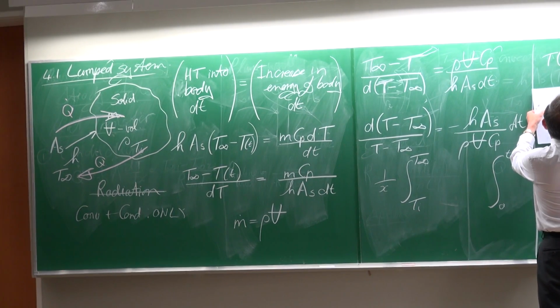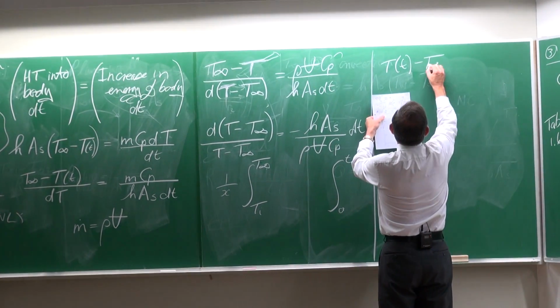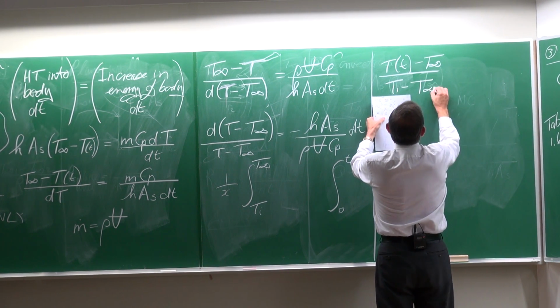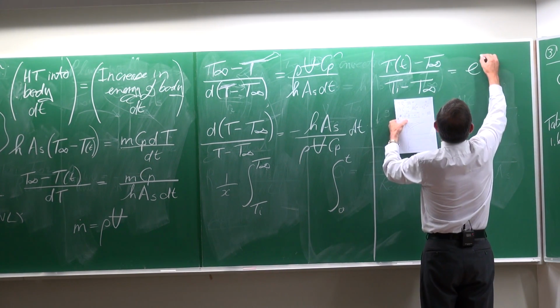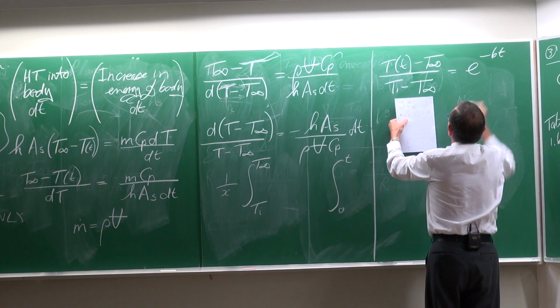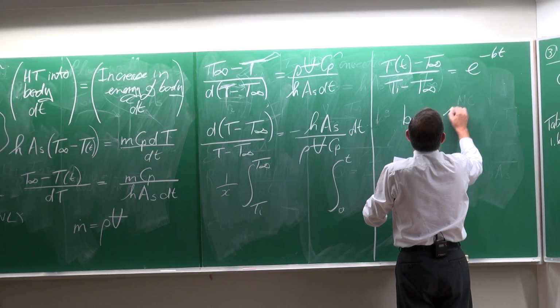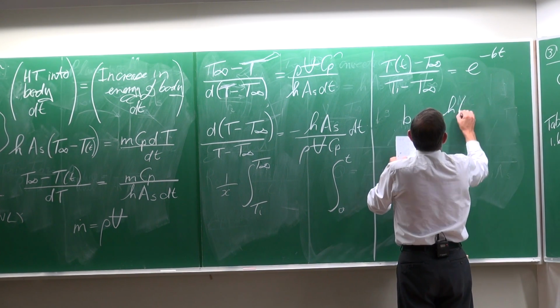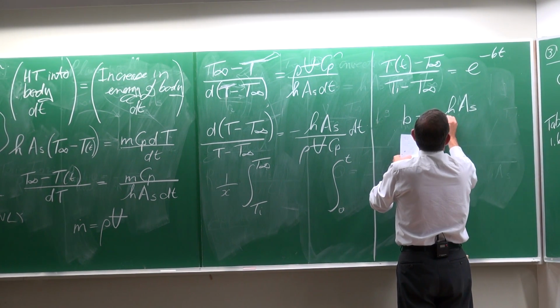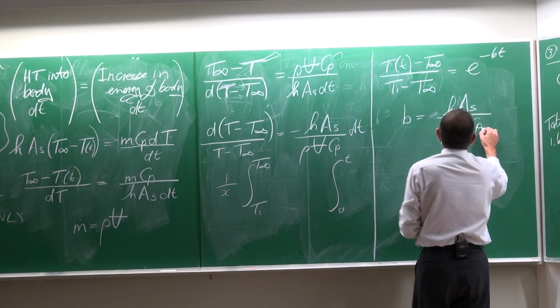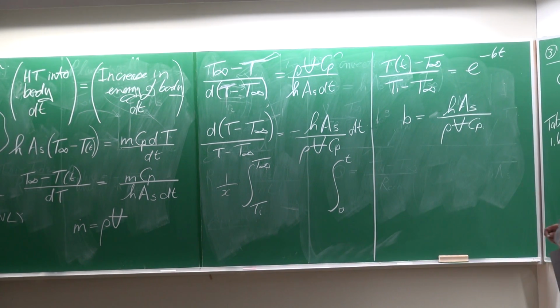The temperature minus T environment over Ti minus T infinite is equal to e to the minus bt, where b is a constant, and that is equal to the heat transfer coefficient multiplied by the surface area, divided by rho, the volume and Cp.